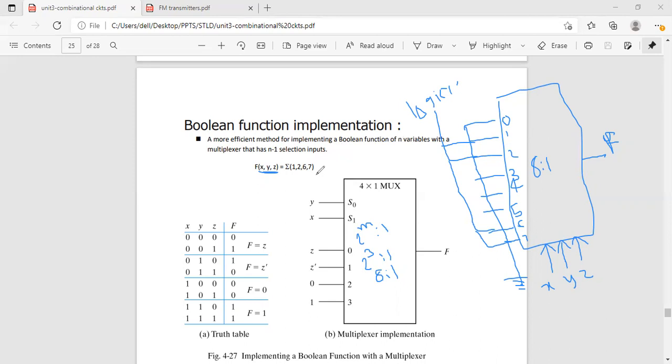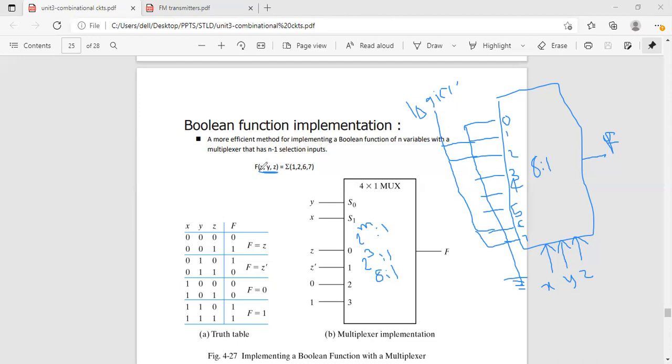Okay, so how can we implement, and what is the actual procedure? Here, whether they give 8 to 1 or 2 to 1, however they ask us to implement, first you have to draw the truth table. So how many input variables here? 3 input variables. These 3 input variables equal 3 select lines, right?